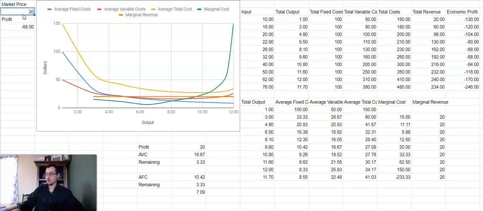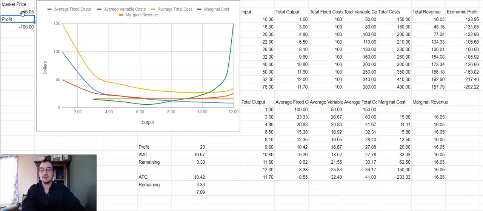Now, what if prices drop down? And what if they drop down to the shutdown point? The shutdown point in this particular instance is actually $16.05. At the shutdown point, they are not going to be producing anything anymore. And at the shutdown point, the average variable cost is equal to the marginal revenue, or that marginal cost.